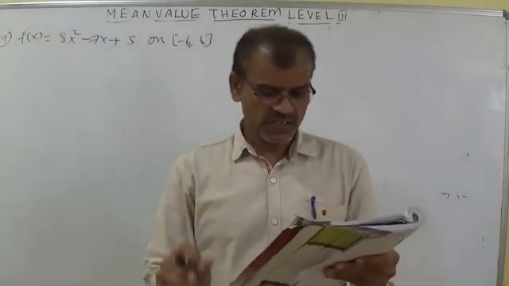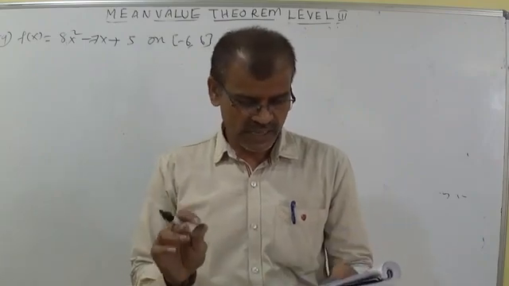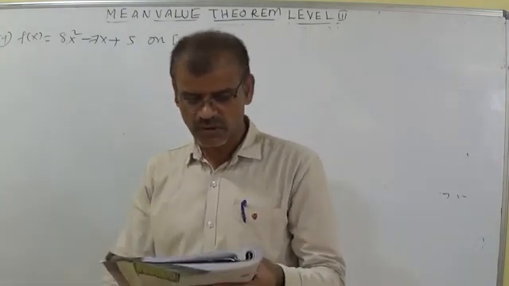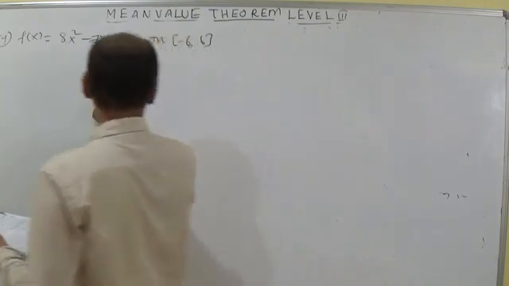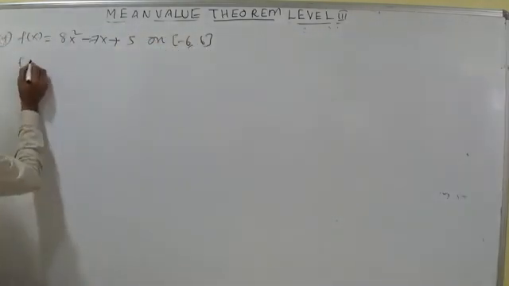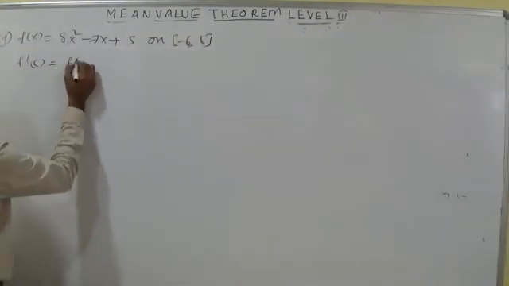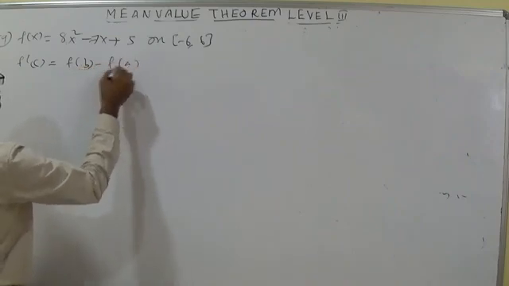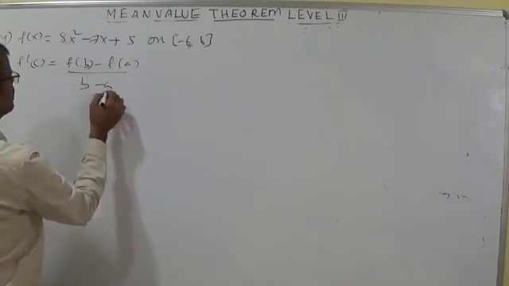Then find the value of c that satisfies the conclusion of Lagrange's mean value theorem. Simple question only. Using the formula f dash c is equal to f of b minus f of a whole by b minus a.